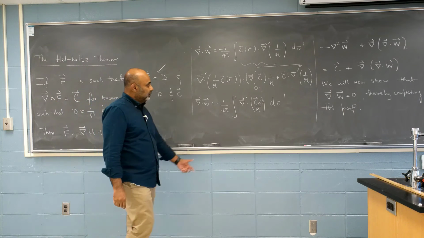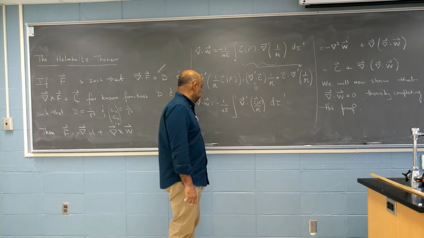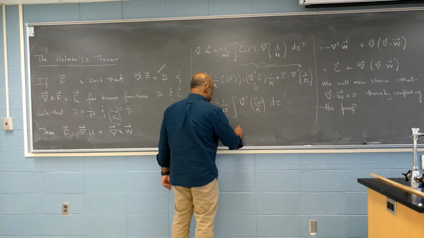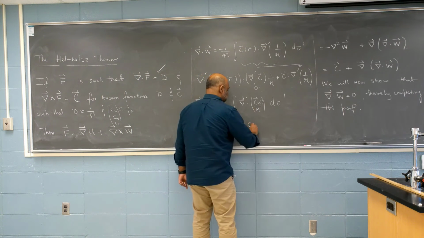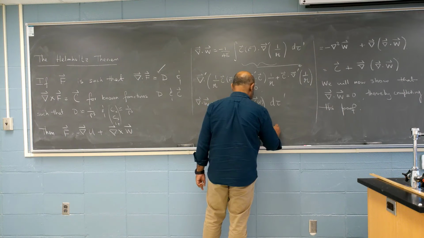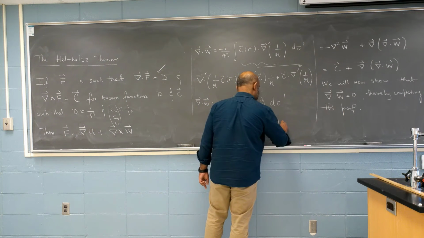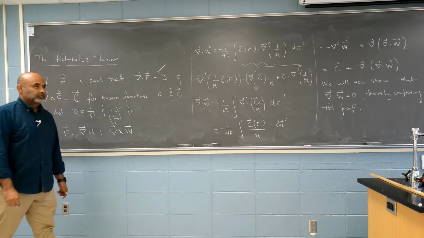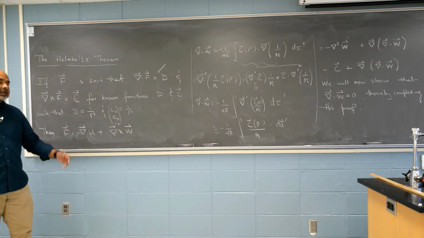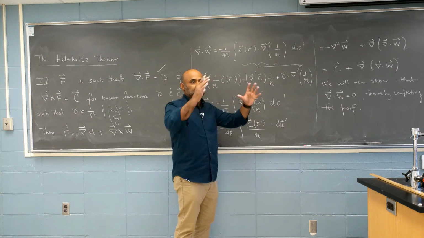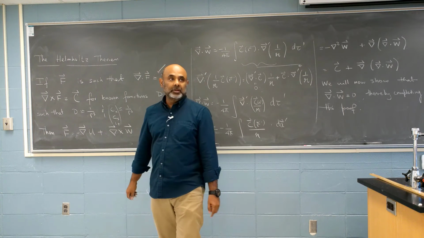Now you guessed it, I'm going to use the divergence theorem. So this is 1 over 4 pi C of r prime, there's dA prime. This dA prime has an r squared in it for a sphere, if you do it in a spherical volume.